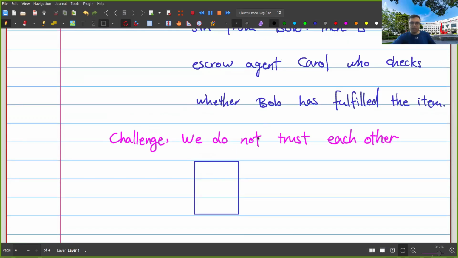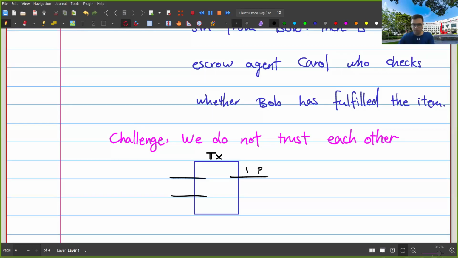Alice creates a transaction. This is my transaction. And this transaction has a bunch of inputs. I don't care where Alice got the inputs. Anyway, these are previous coins that belong to Alice. And then it's going to have an output. And let's say this output pays the price of the item.